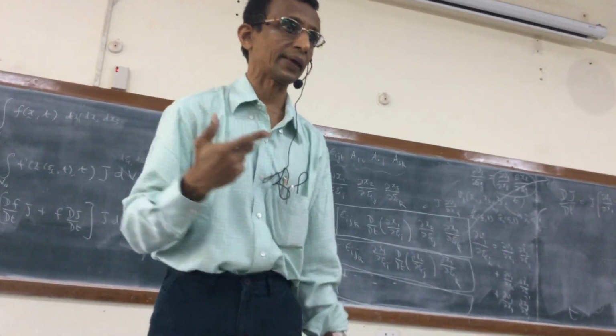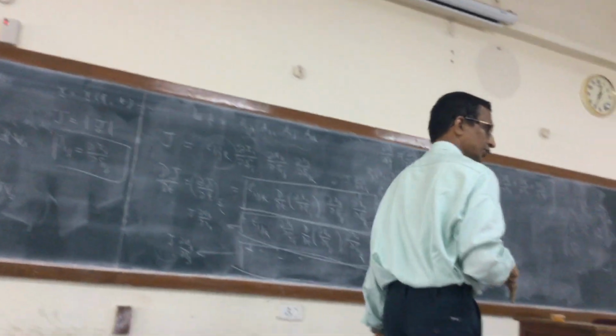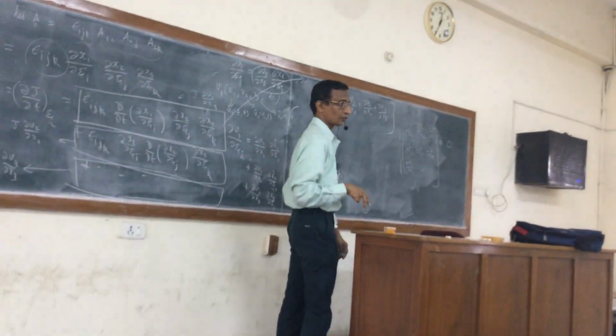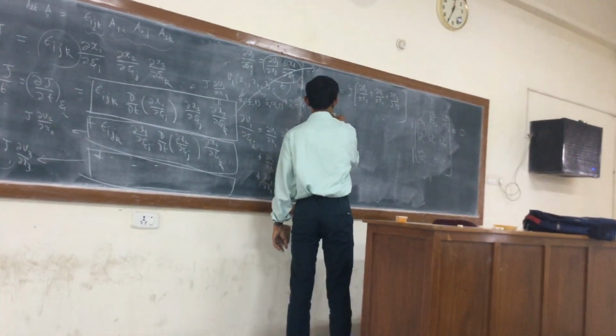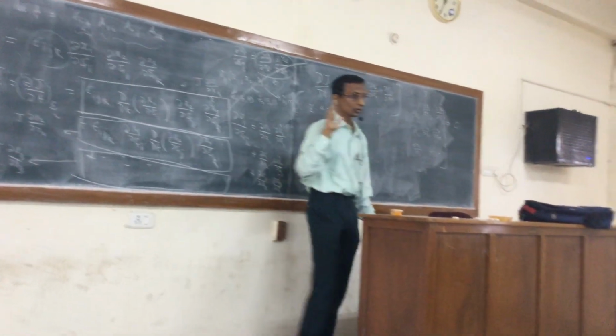This will be a vector operator acting on a vector to give a scalar. That's called the divergence of a vector v. The divergence of any vector is a scalar. We will introduce two operators.